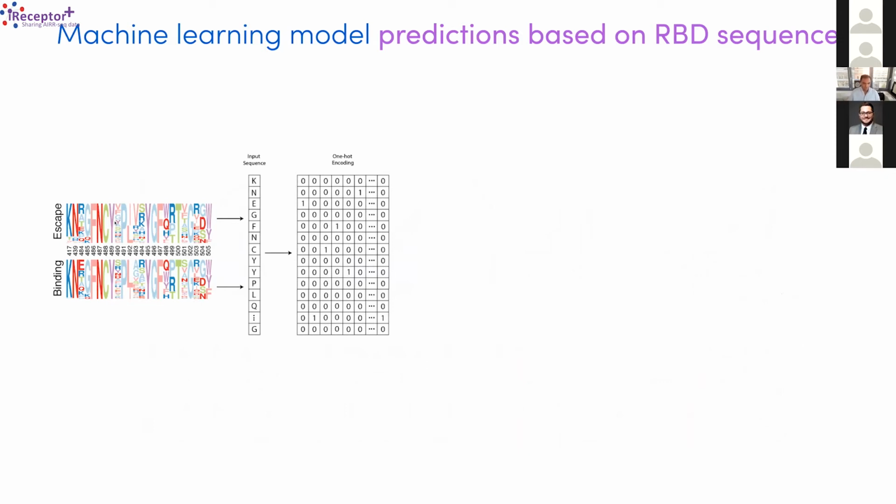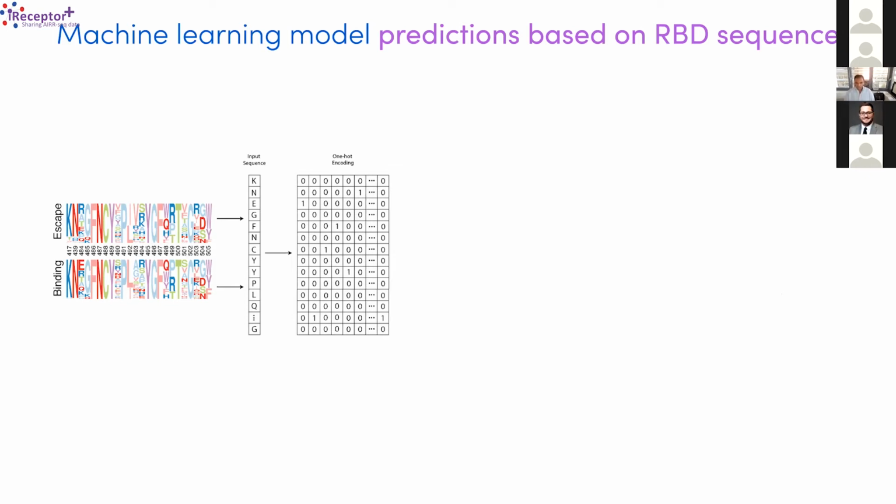So these fractions of sequences are then encoded. So you have to turn them into an input matrix so that you can input them into machine learning workflows. Because we have deep sequencing data, we just use one-hot encoding, which is essentially turning each amino acid into a row in a vector this way, instead of using any kind of other biophysical features or other encoding schemes.